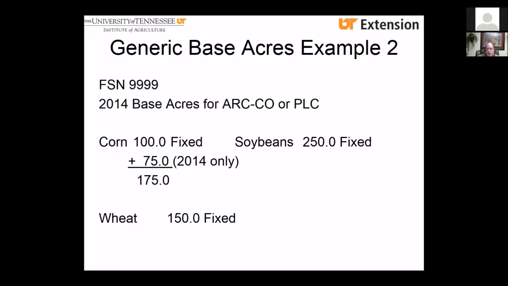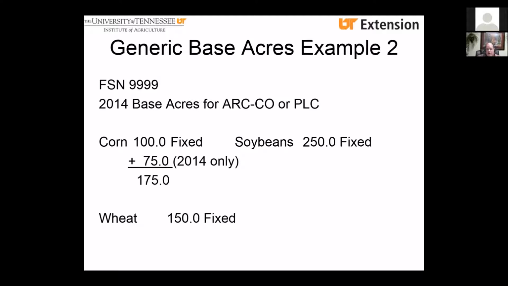Since we planted more corn, the 200 acres is more than the generic base. Remember, the generic base was 75 acres. We can only assign or attribute 75 acres, which is our total generic base, to corn. So in this case, that's what we did. We took the 75 acres of the generic base, and that goes to corn.